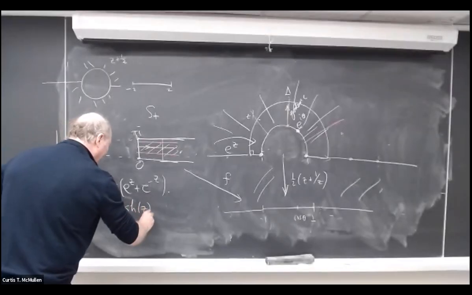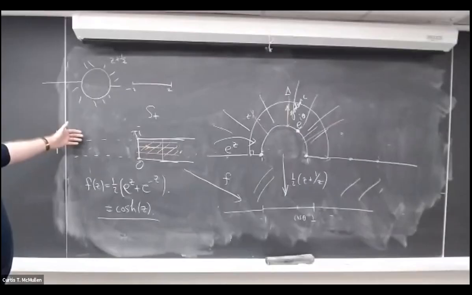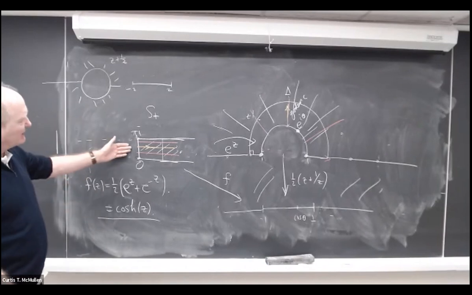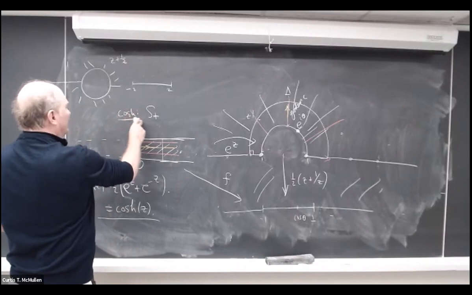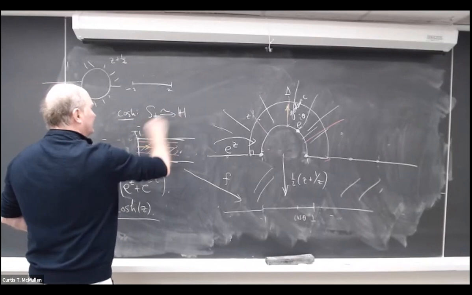Yes, this is just cosh of z. So functions like sine, cosine, cosh, and sinh that we've used as formulas in hyperbolic geometry and so on, they can also be thought of as mappings. And indeed, cosh provides the Riemann mapping from the half-infinite rectangle isomorphically to the upper half plane.